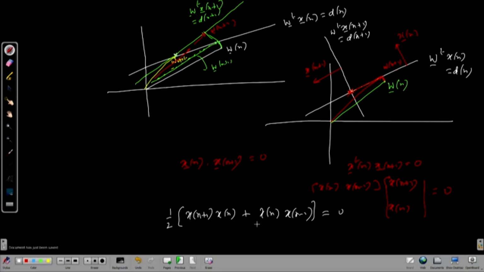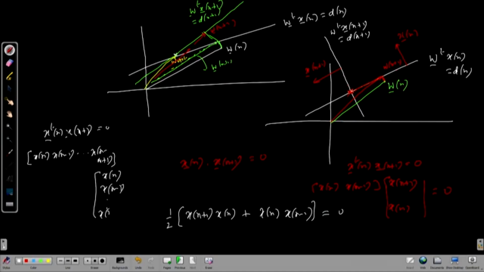In general, I will have x transpose n, x n plus 1 equal to 0 means it will be general, x n minus 1 dot x n minus capital N plus 1, and this is 0.